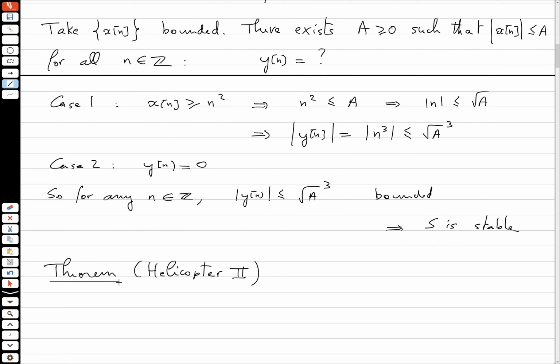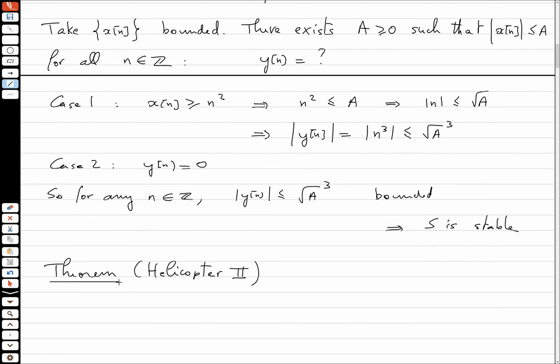Yeah, right, you need the system to be LTI. Helicopter 1 deals with the question of causality. So causality can be checked directly by looking at the impulse response, by checking that all values at negative n are 0.